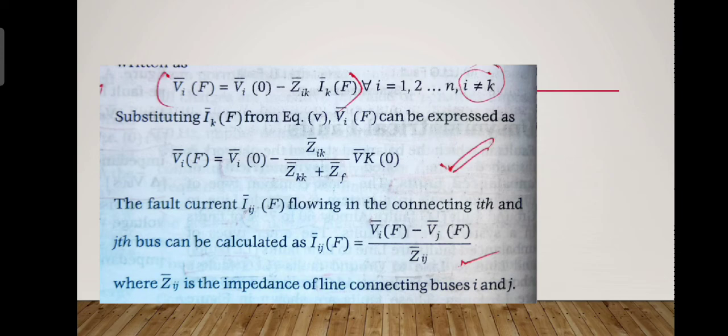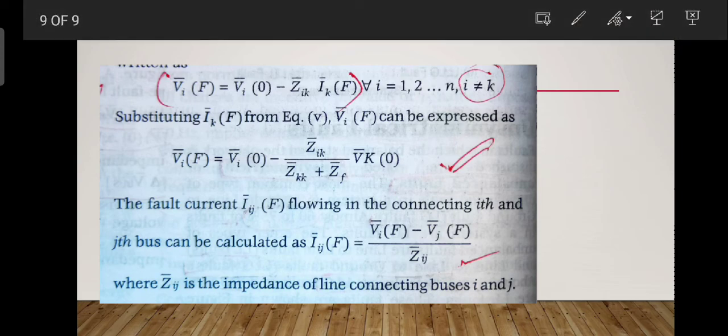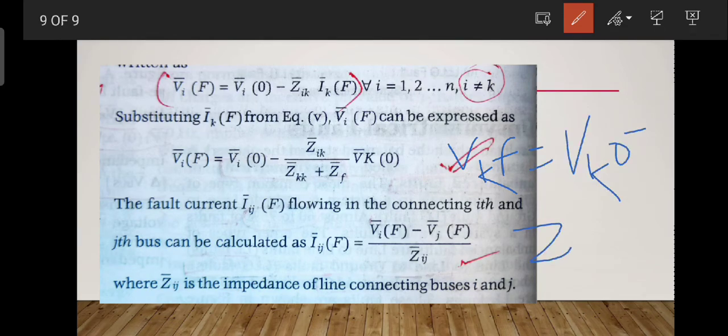So here at the bus k, the voltage is expressed as Vk fault is equal to Vk0 minus Zkk into Ik fault.